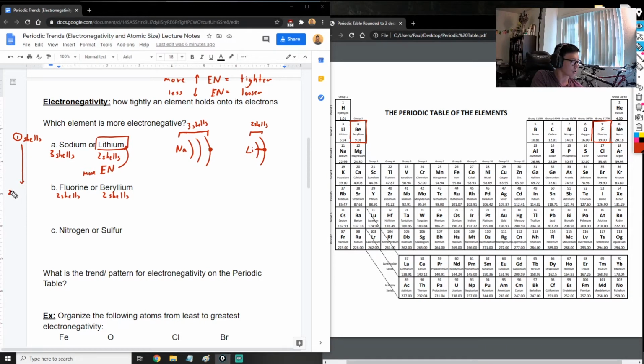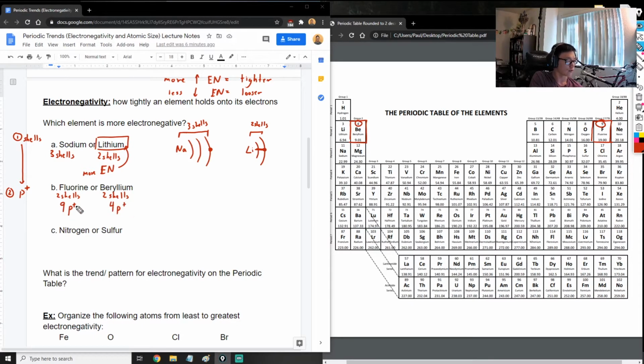The second thing that we look at are the protons. So we have to look at how many protons there are. When we take a look at the protons, you're going to notice that fluorine has 9 protons because the number on top is 9, and for beryllium, the number on top is 4.